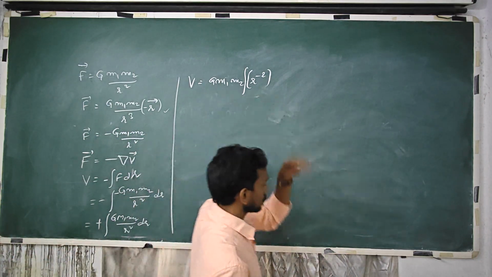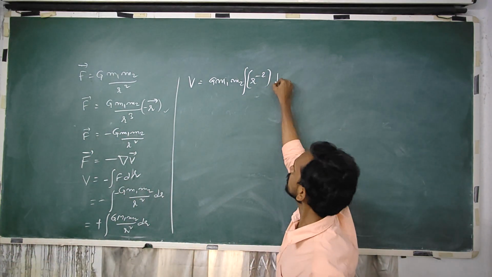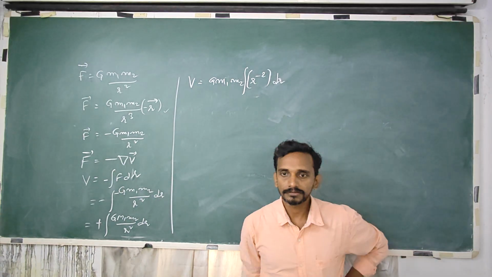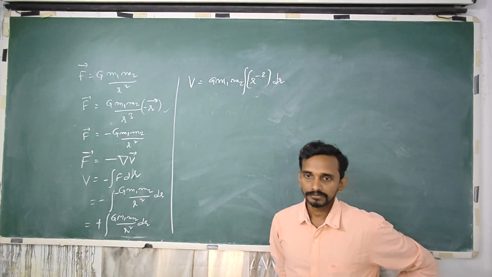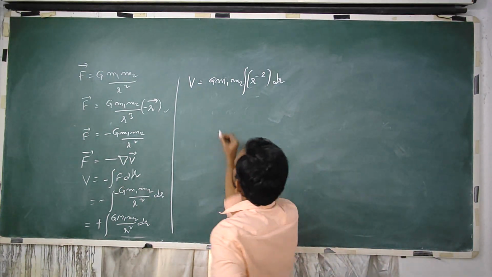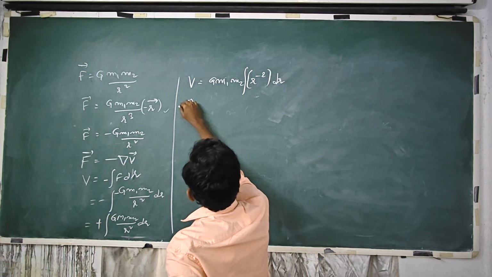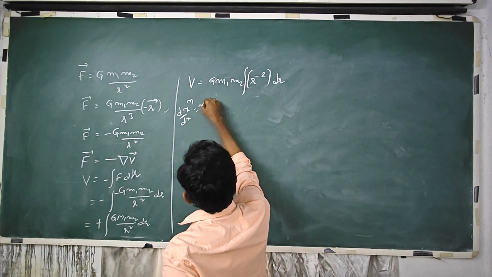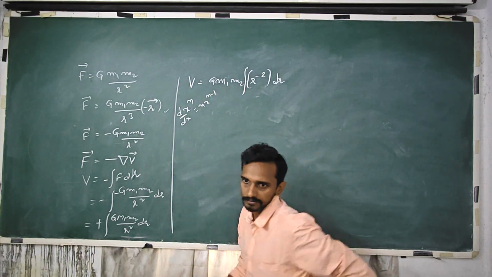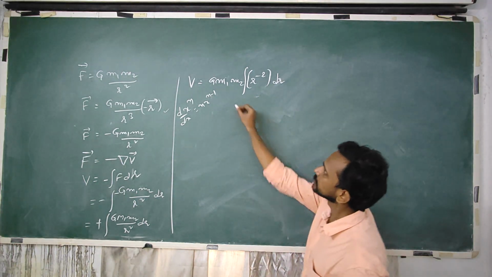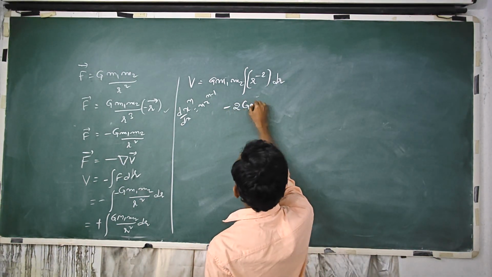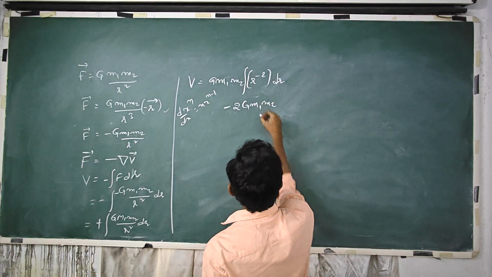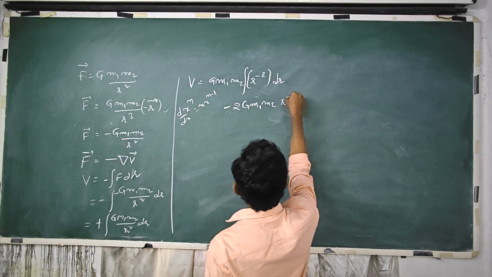So it is G m1 m2 into r power minus 2 dr. So x power n derivative is n into x power n minus 1. So it is minus 2 G m1 m2 r power minus 1.